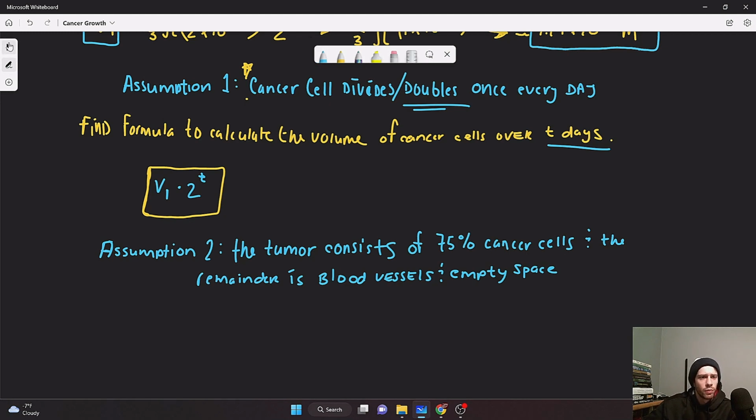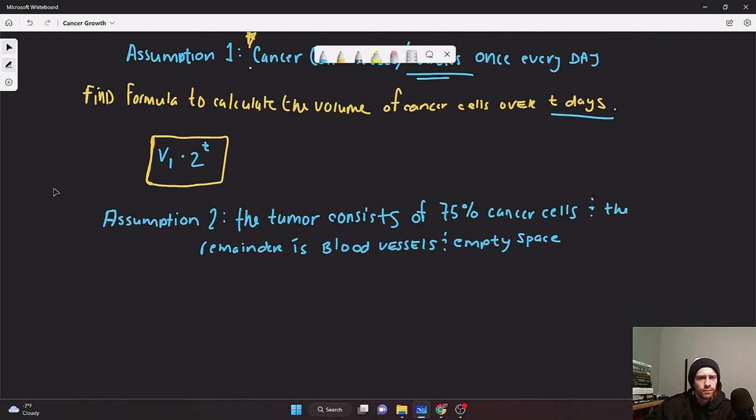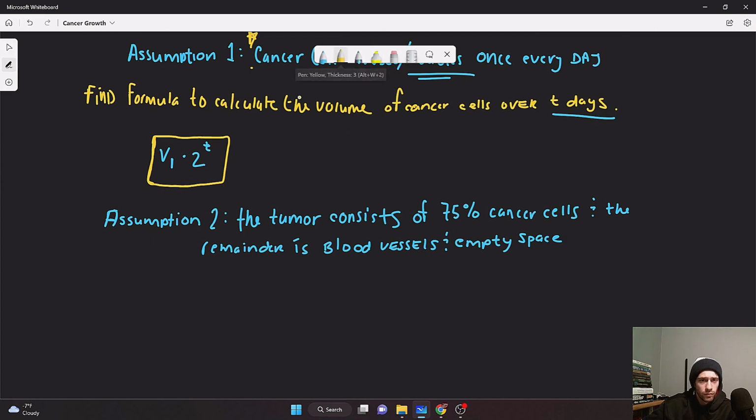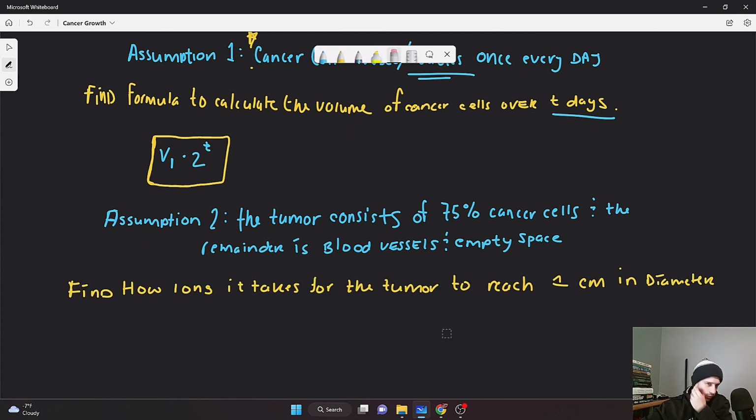And so we want to find how long it takes for the tumor to reach 1 centimeter in diameter. And 1 centimeter, we could say, is 10 to the negative 2 meters.